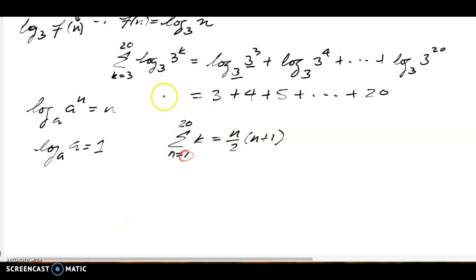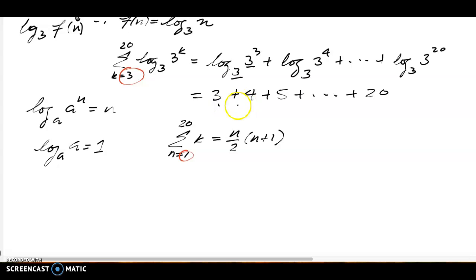Oops, there are 2 more terms before that we get to the 3 that we need to add on, right? Because we're not starting at 1, we're starting at 3. Well, you can easily adjust for this just by saying, whatever this is, I need to subtract which ones I'm missing.